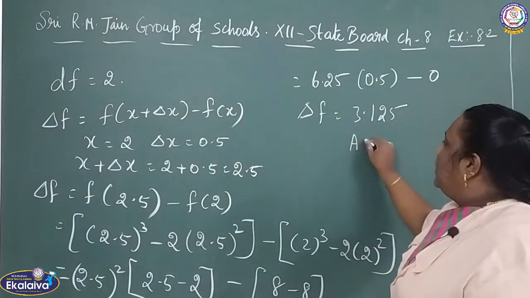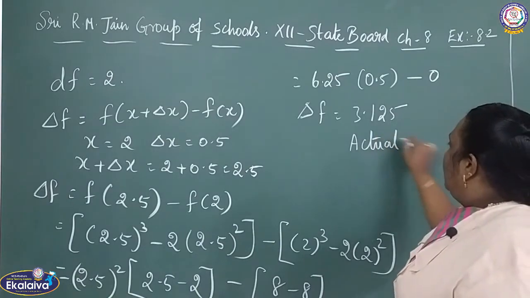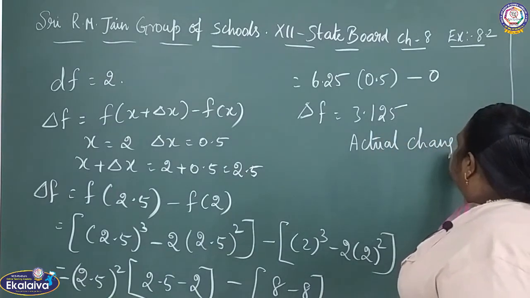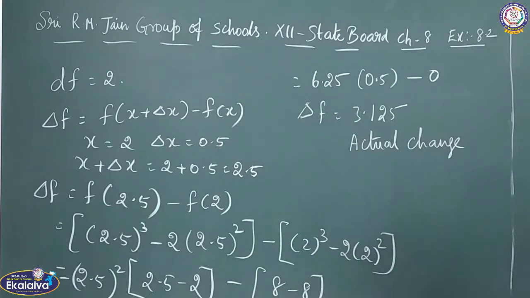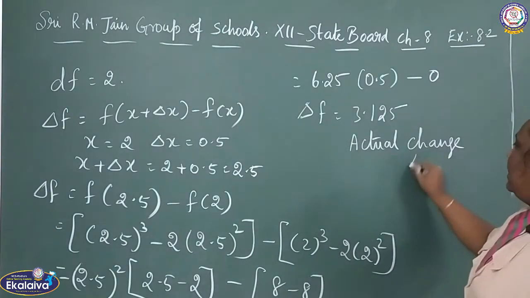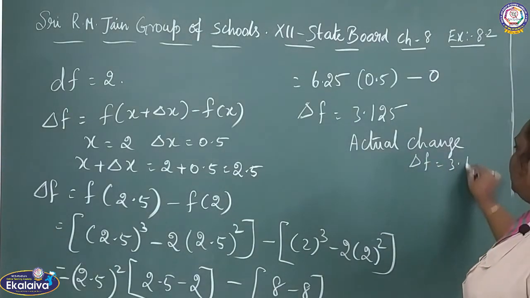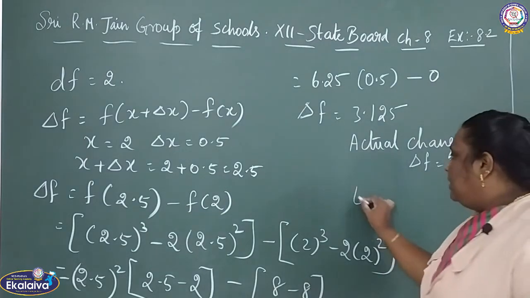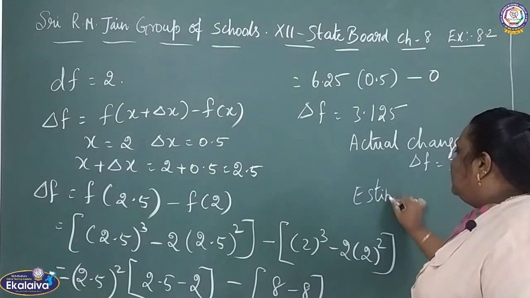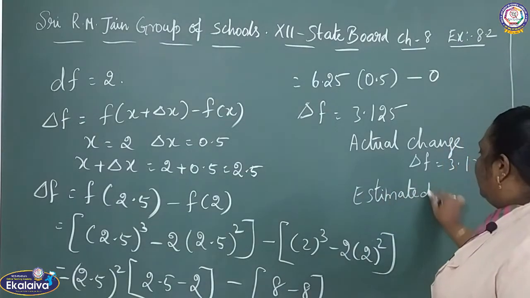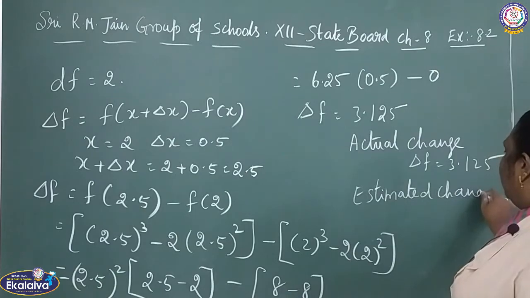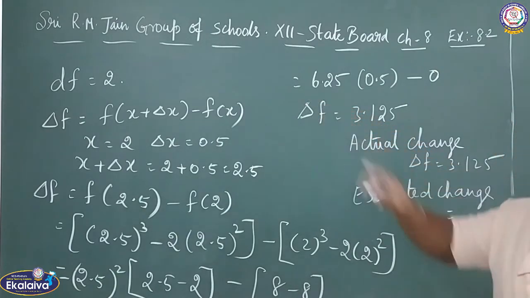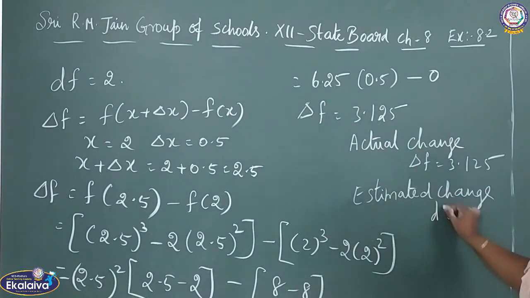So the actual change, delta f, equal to 3.125. The estimated change is nothing but df, which equals 2.0. Now the error.